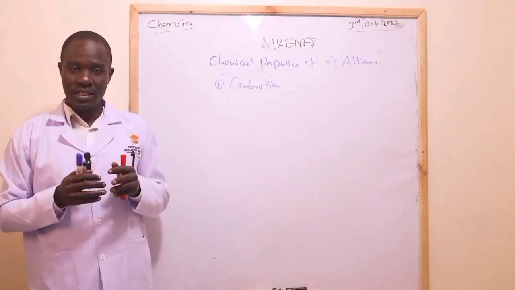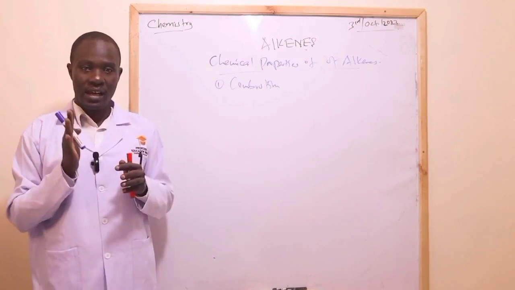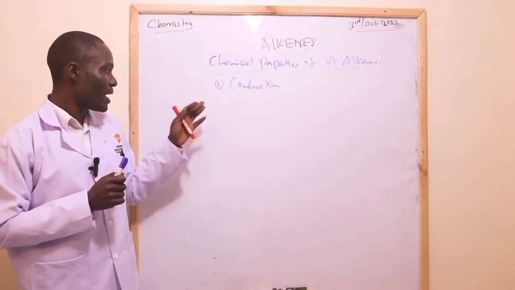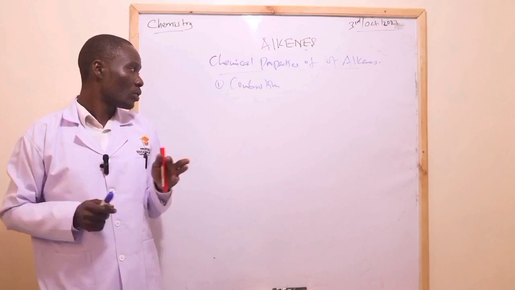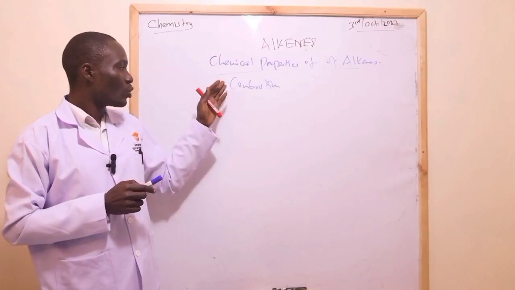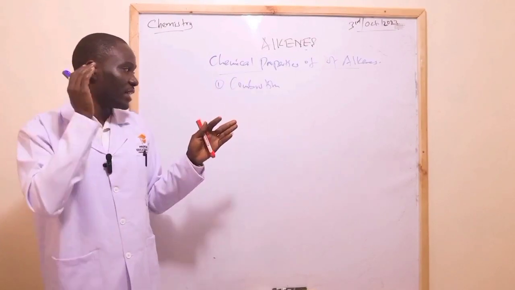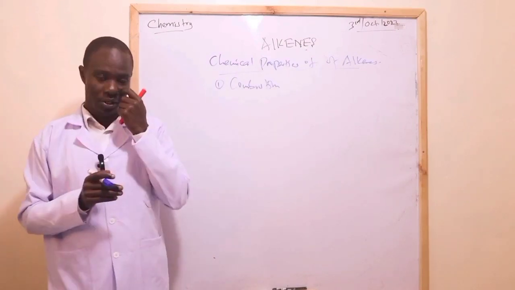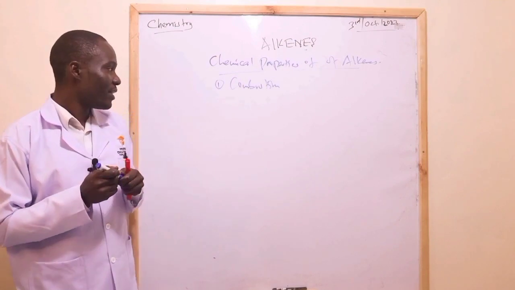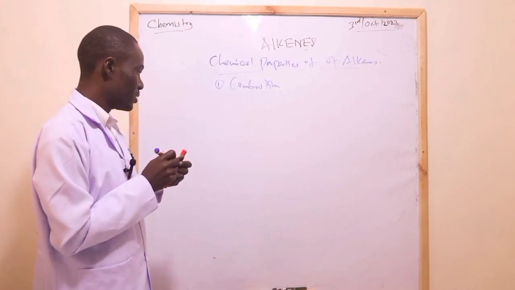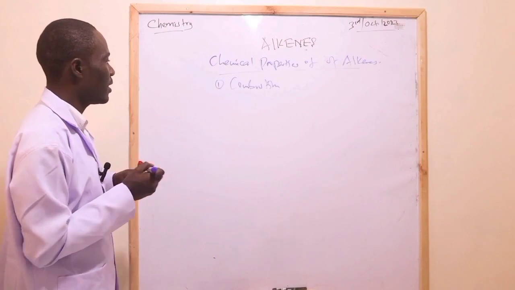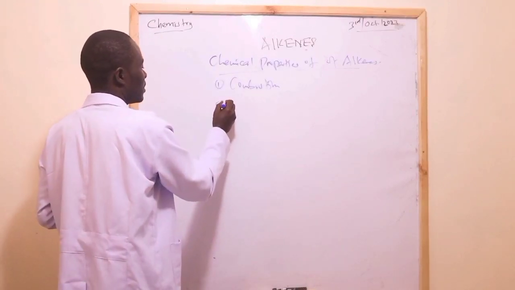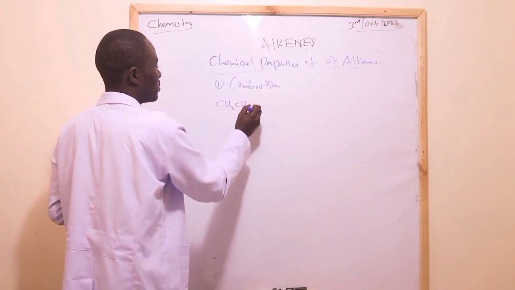So in this case, like any other hydrocarbon, alkene members, when burnt in complete supply or in sufficient supply of oxygen, form carbon dioxide and water. Having an example, like in this case, we shall have ethene, CH2.